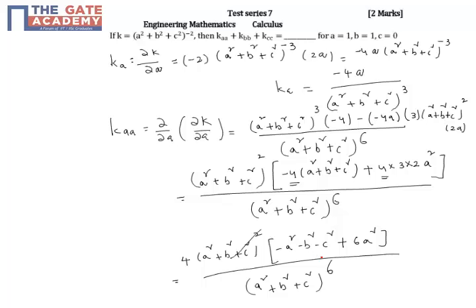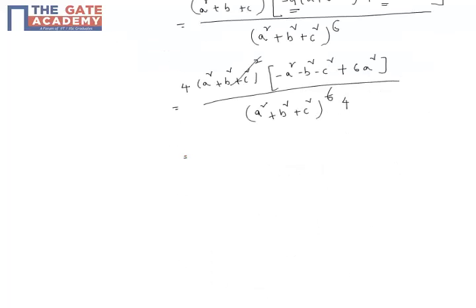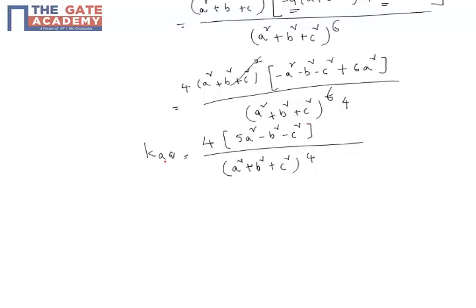So this will cancel, so here 4 will be there. So this is equal to 4 into (5A square minus B square minus C square) divided by (A square plus B square plus C square) whole power 4. So this is Kaa here.